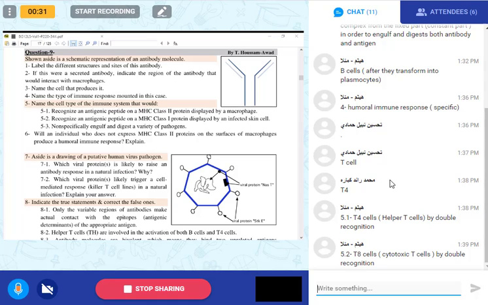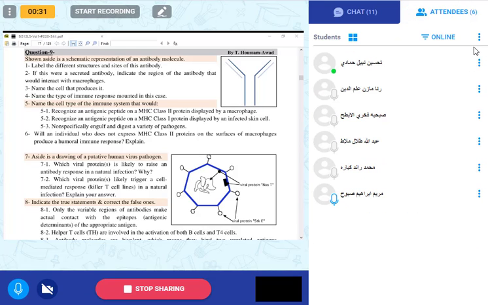Non-specifically engulf and digest a variety of pathogens. Who can engulf any pathogen without identifying its type?